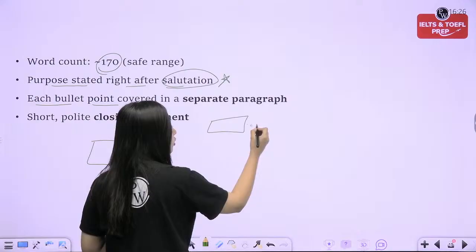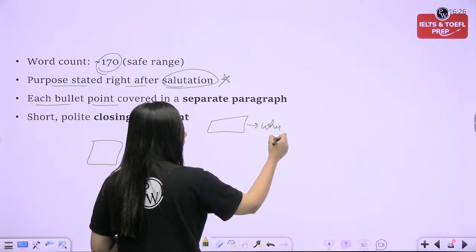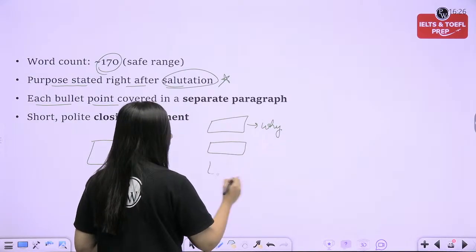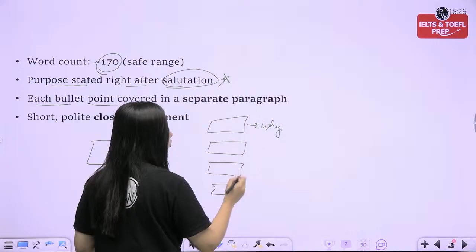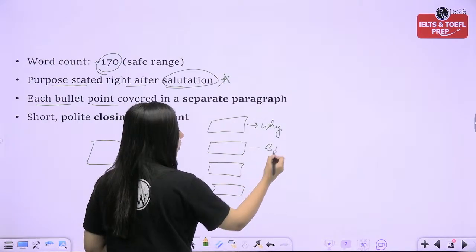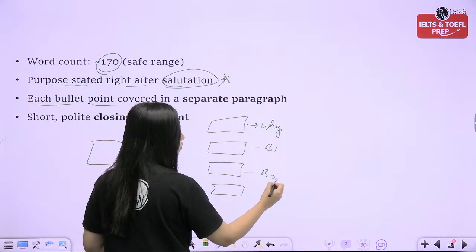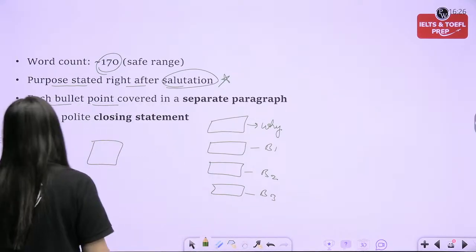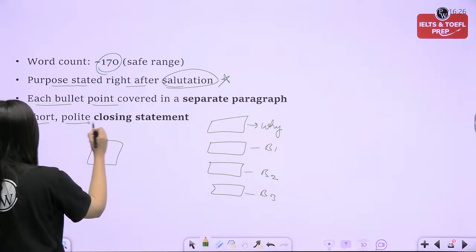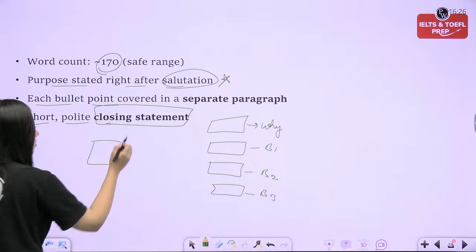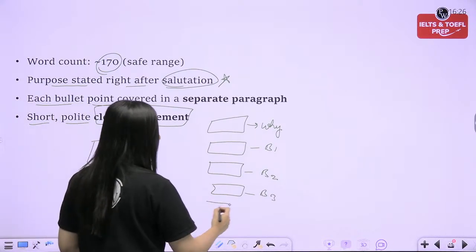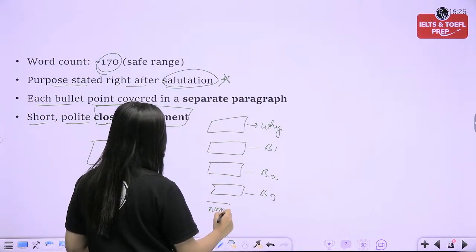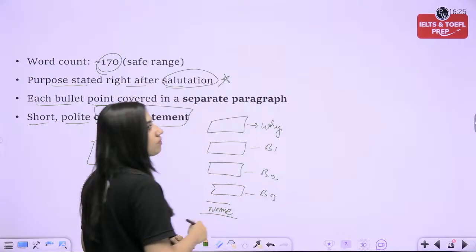First is a reason to why, and then 3 body paras, which will be covering bullet point 1, bullet point 2 and bullet point 3. That's how it will go. And now it has to be short, polite and a closing statement must be there, along with your name. That's how it goes. Clear?